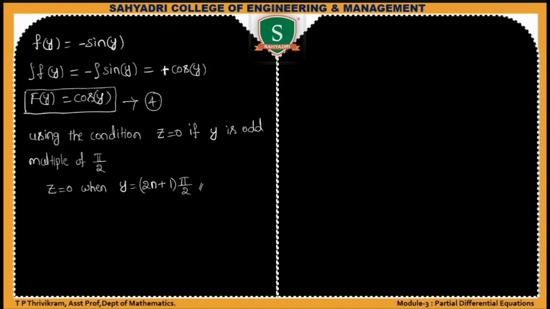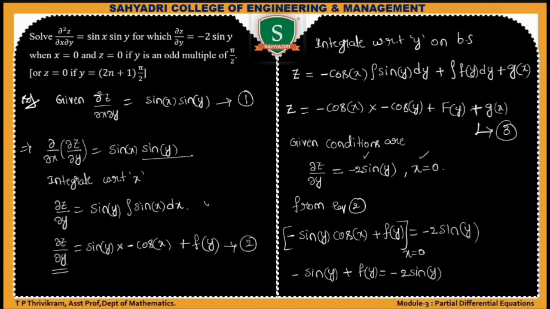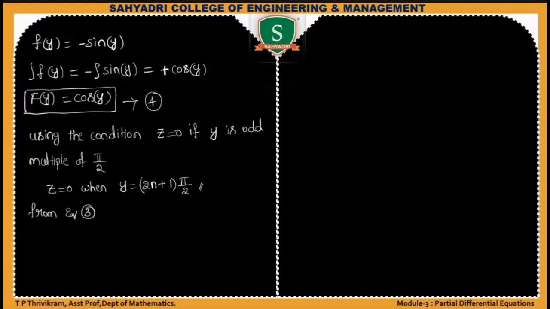So substituting these conditions in equation 3. What is equation 3? Z is equal to this much, correct. On the left hand side substitute 0.